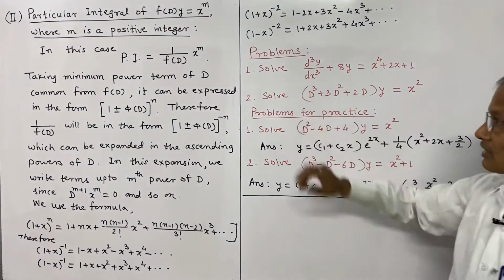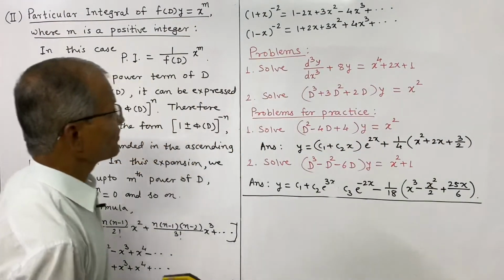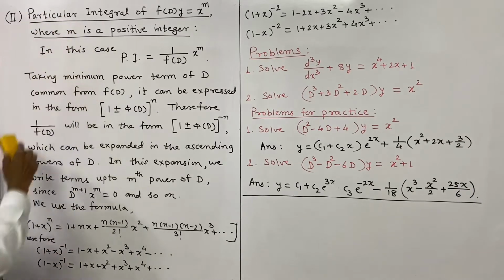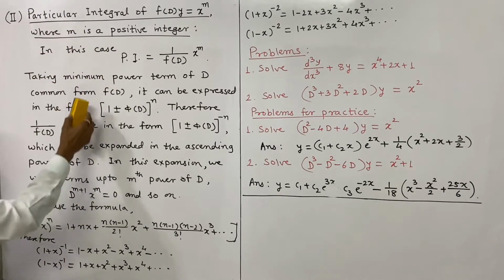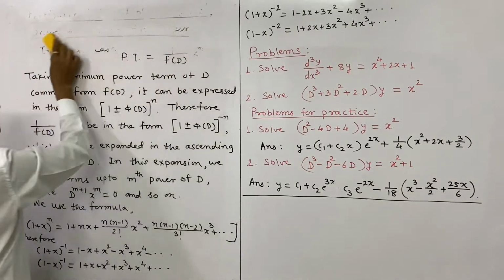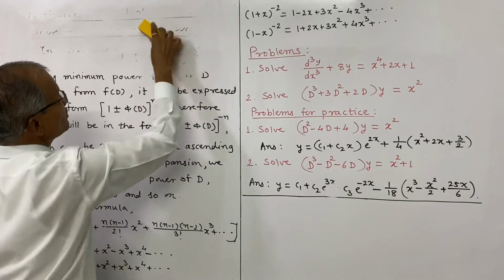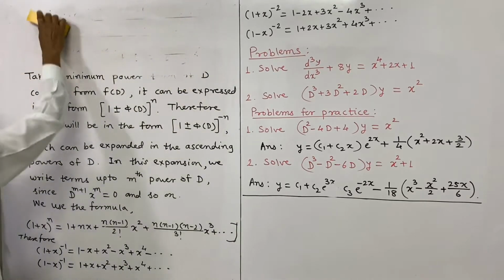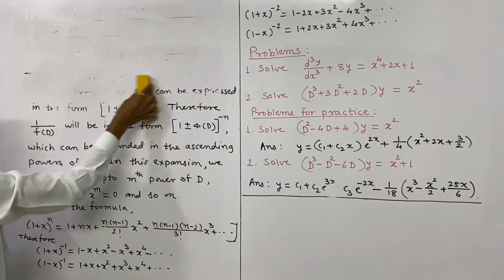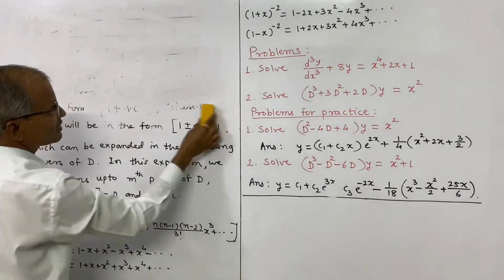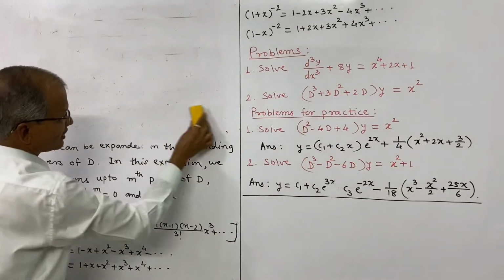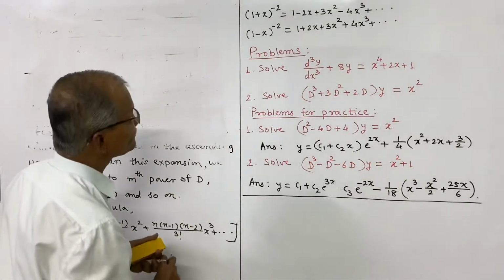And now consider the solution of the first problem, that is d cube y etc. Now I shall rub this out so that we can write the solution here. First problem is d cube y by dx cube plus 8y is equal to x power 4 plus 2x plus 1. I shall start the solution here.